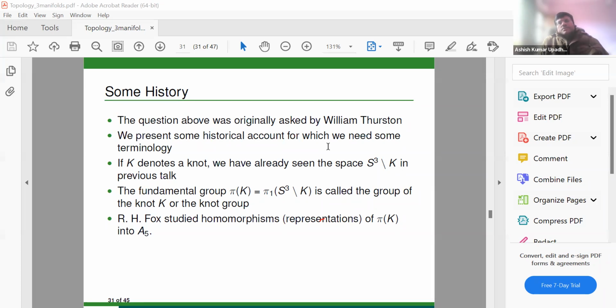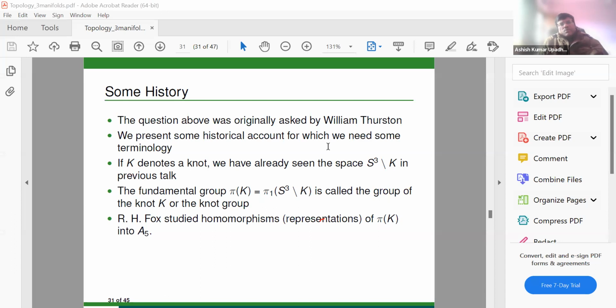Okay, so to explore this point, whether a similar kind of situation arises in the case of three manifolds also, let us see some history. The history which I am going to elaborate upon is what actually kicked off the inclusion of geometry in the study of topology of three manifolds.